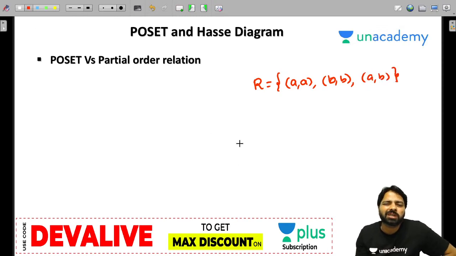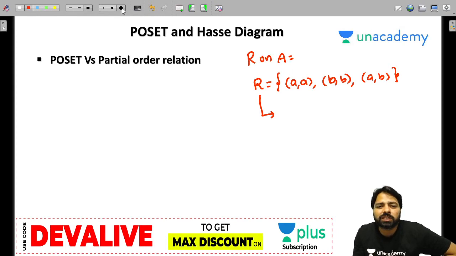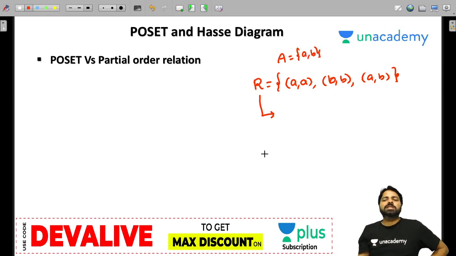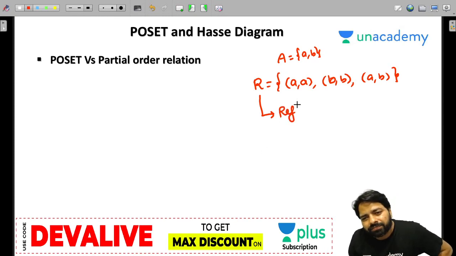Do you know this is a partially ordered relation? This relation I have taken on set A. It is reflexive because (a, a) and (b, b) both are there.